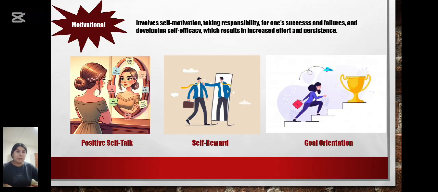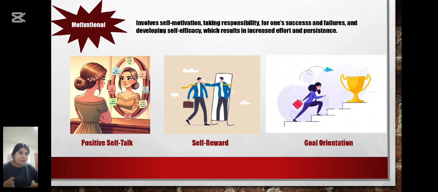Here, things that we can do are positive self-talk, such as I will succeed, I am perfect, I can do this, I know that I'm enough. This is positive self-talk. Then self-reward, as we said before, you can reward yourself. Even if you're not in your mood and you go out for a walk, you can reward yourself because you get out of this negative environment, for example.